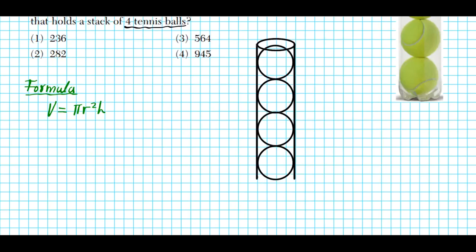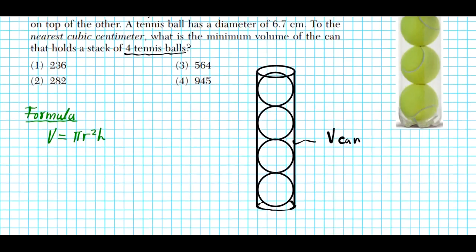Now, what you want to keep in mind is that we're looking for the minimum volume. Okay, so if we're minimizing the volume, it has to be packed in such a way that the balls are touching each other. Okay, it's packed tightly. So what we're looking for is the volume of this can that is holding these four identical tennis balls. Now, let's see.